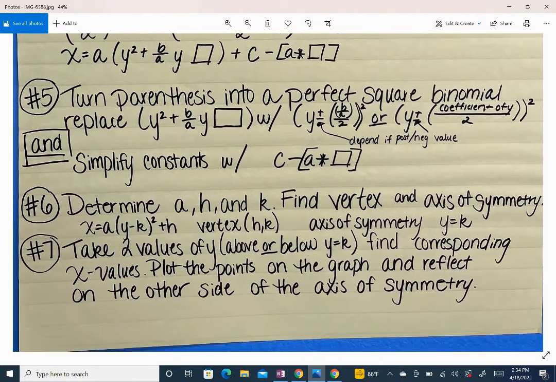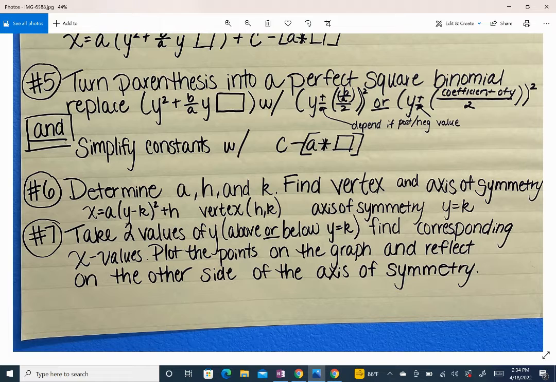Step number 5, we're going to turn our parentheses into a perfect square binomial. We're going to replace our parentheses, which is our y squared minus 10y plus 25, with y plus or minus our coefficient divided by 2. Whether it's positive or negative depends on this plus or minus. So it's not automatically plus or minus.